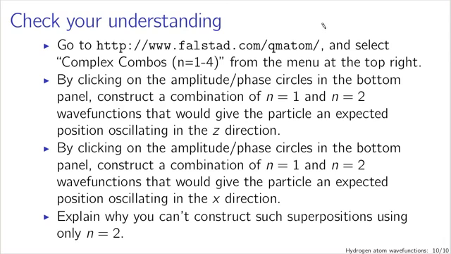There are some specific things that you need to do in order to answer these questions on those simulations, but I encourage you to play with this simulation and try to get a feel for what the orbitals look like, both from the chemist's perspective, those are real hydrogen atom orbitals, as opposed to the physicist's approach, which is the complex approach. The specific sub-tool of this visualization that I'm suggesting you use to answer these questions is complex combinations of orbitals with n equals 1 through 4. But you can look at the real orbitals as well and make combinations of the real orbitals as well.